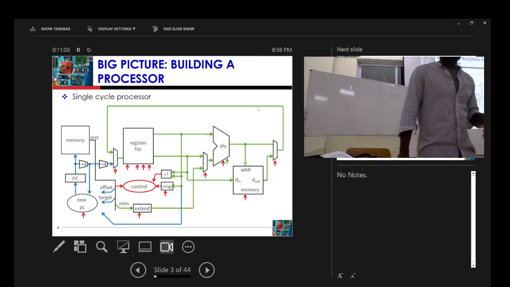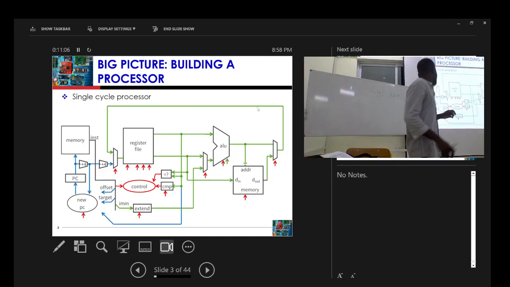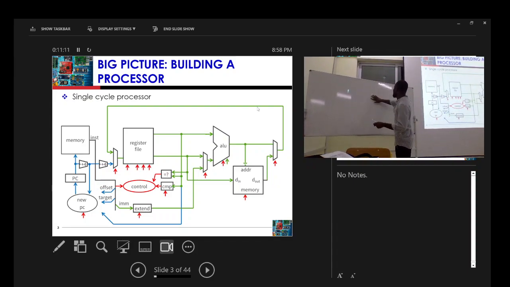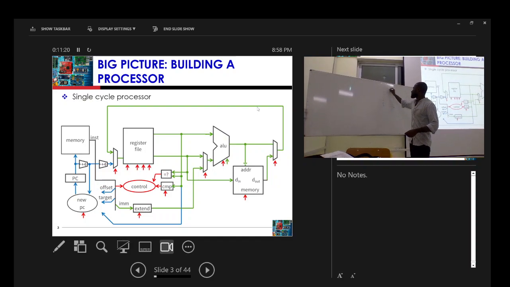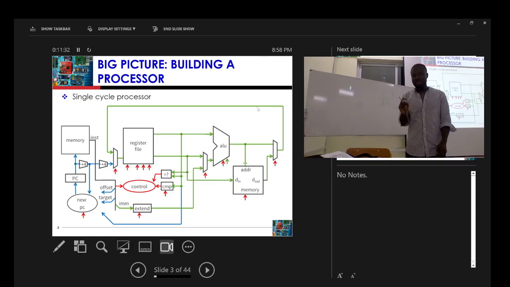Right? So now, once you store your machine codes within that memory, we have location 0, 1, 2, 3, going on, right? One instruction is read and executed at a time.